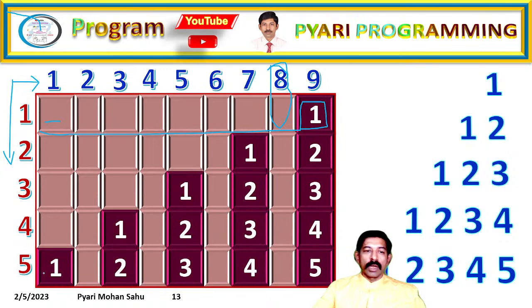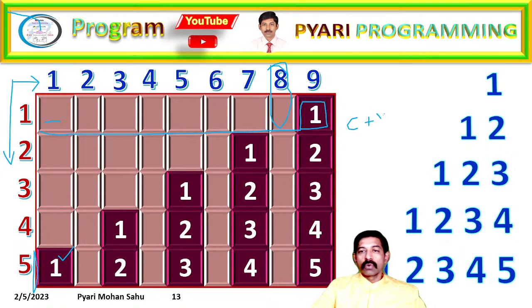Look over here, if this is the left side of the screen, 1 is displaying. After that, the space that I am attaching, we used to write like this, C plus space. So the space attached with C has come here.